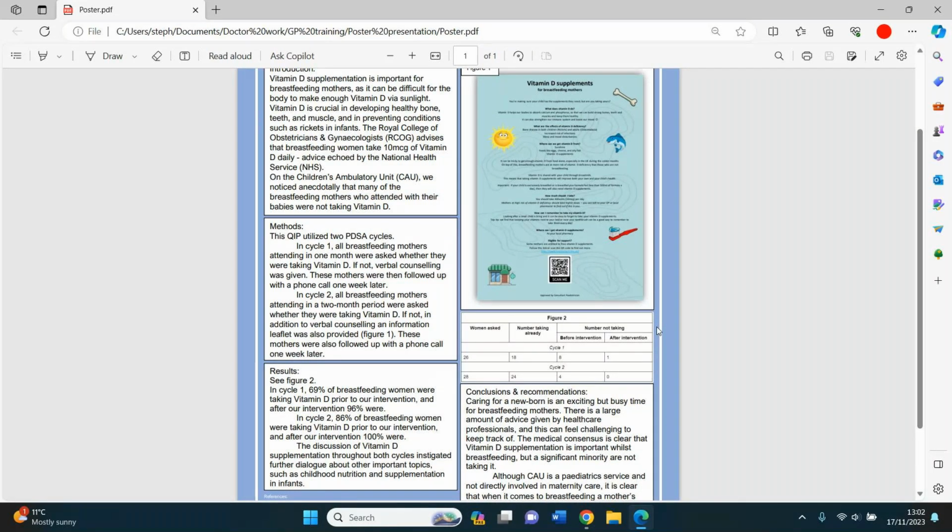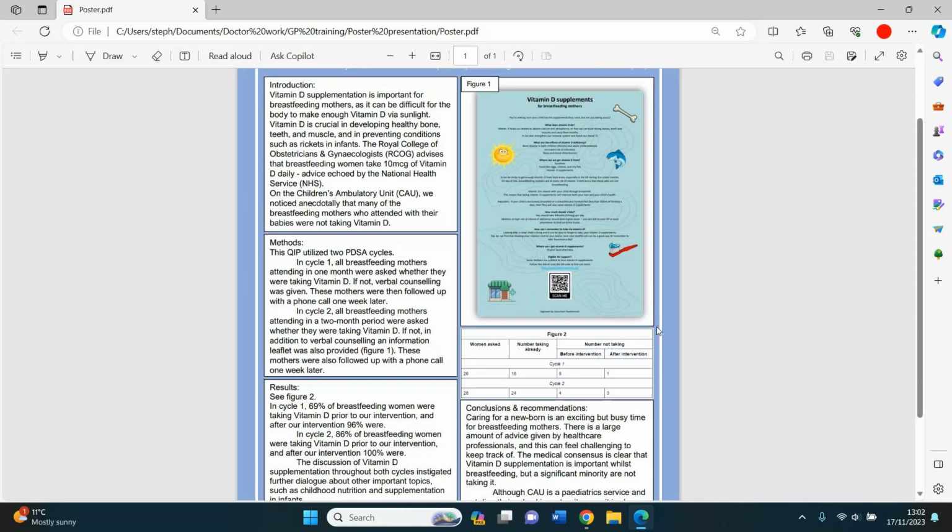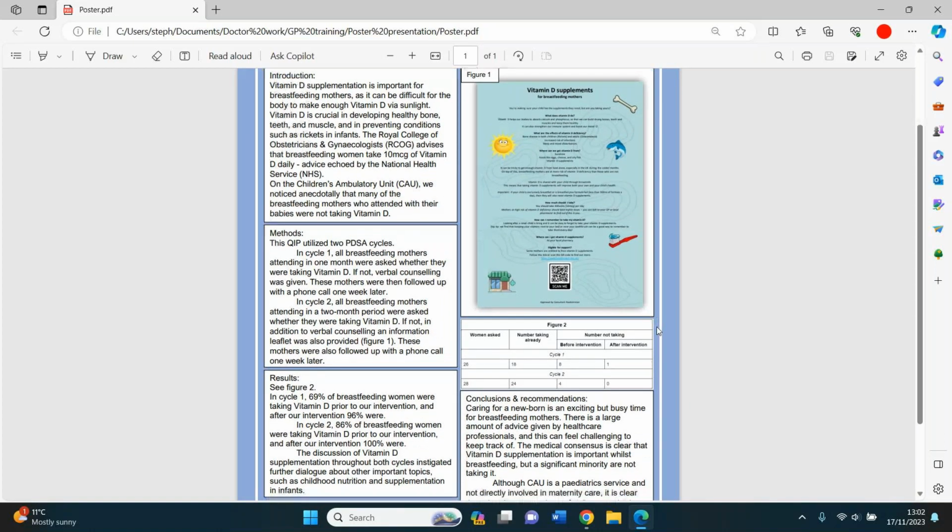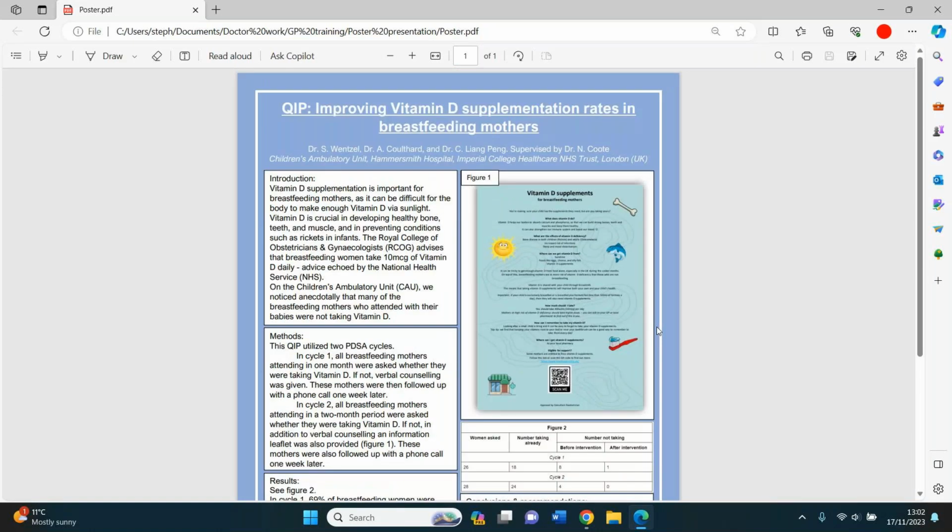And certainly in the UK, they often have many different appointments they have to go to with healthcare professionals, and they get lots and lots of advice. And so a lot of them were saying it's just a bit difficult to keep track of all these things. Something like a handout or a leaflet might be quite helpful, just as a bit of an aide-memoire. And so for our second cycle, we decided to add in a leaflet, which is what we did.